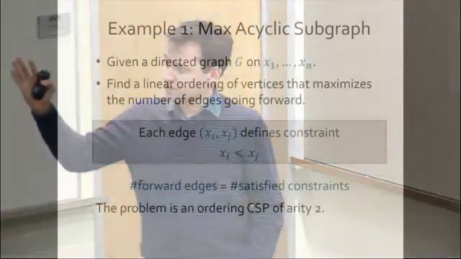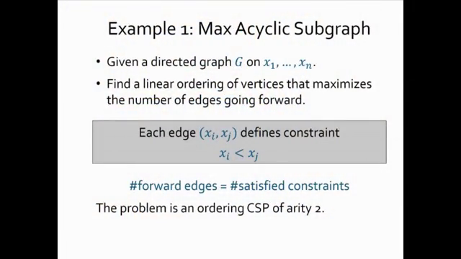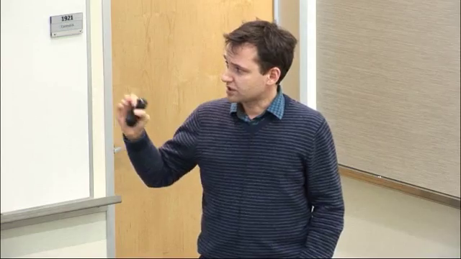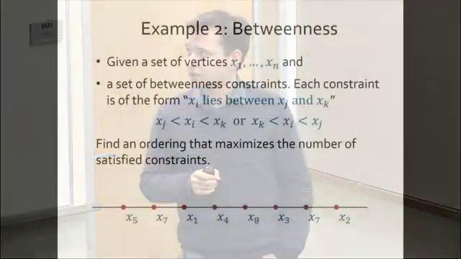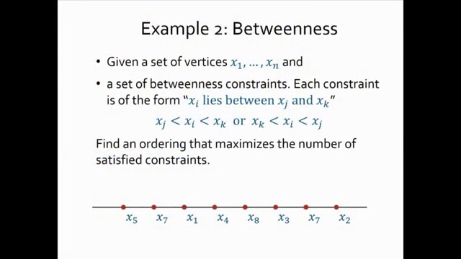And it's easy to see that this problem is just an ordering CSP of arity 2. So each edge xi, xj corresponds to a constraint xi is less than xj. And then the number of forward-going edges is equal exactly to the number of satisfied constraints for every ordering of xi's, right?